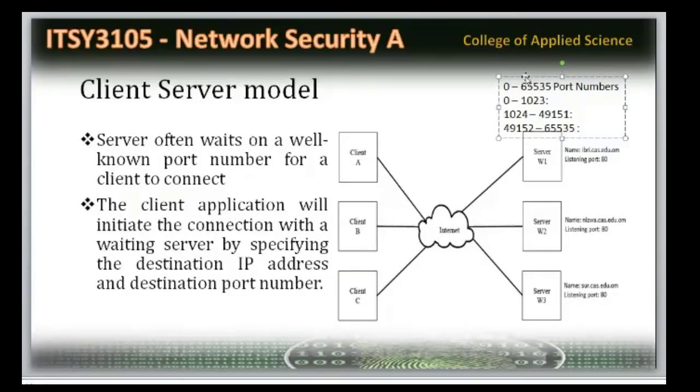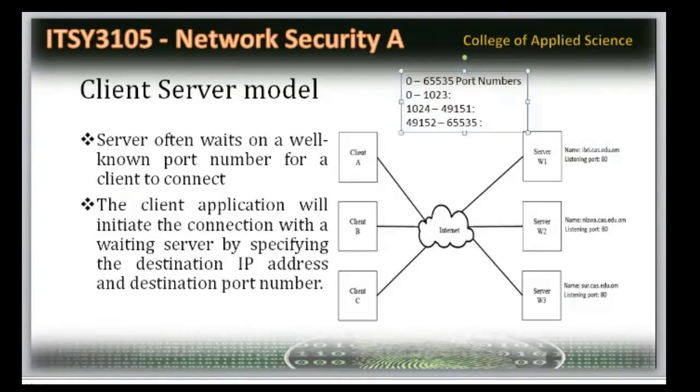So totally, from 0 to 65535 port numbers are available. 0 to 1023 is one group, 1024 to 49151 is the second group, and 49152 to 65535 is the third group.